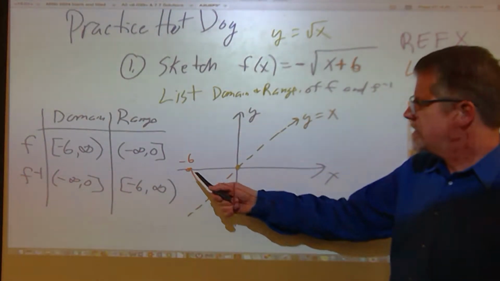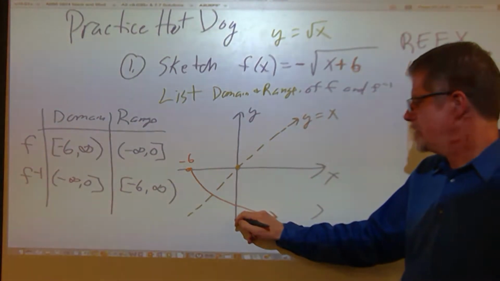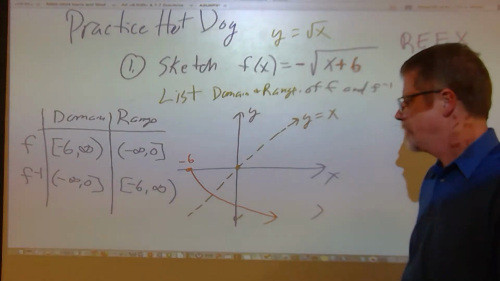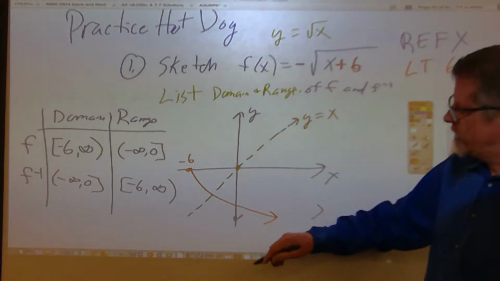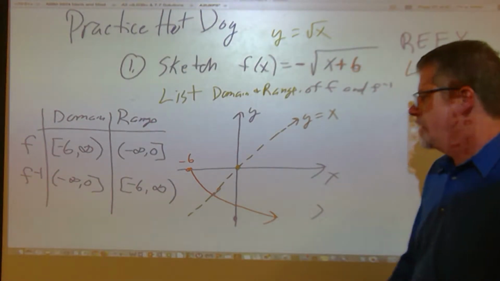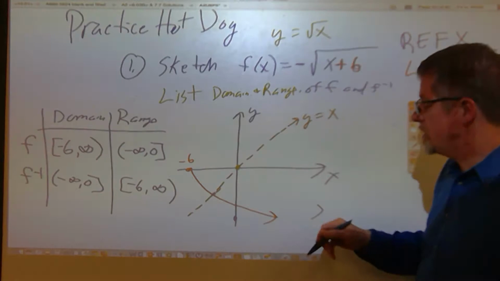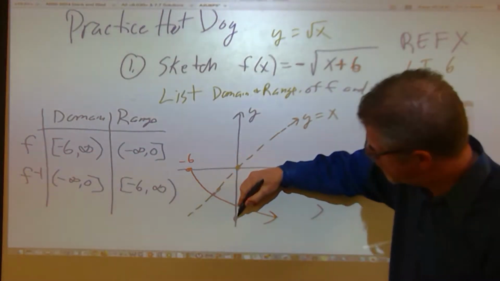Instead of negative 6 comma 0, plot 0 comma negative 6. And notice that if the red graph goes through the line y equals x, which it doesn't always, but if it does, then the blue graph will have to also.